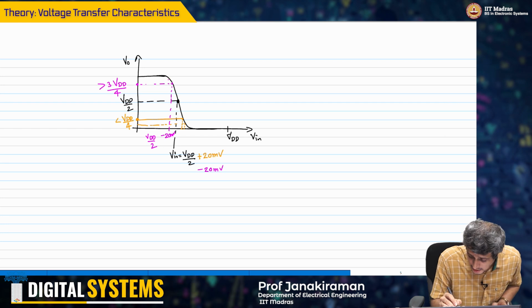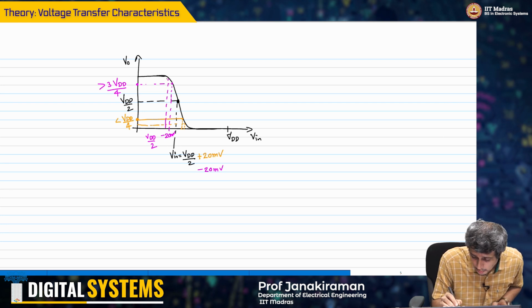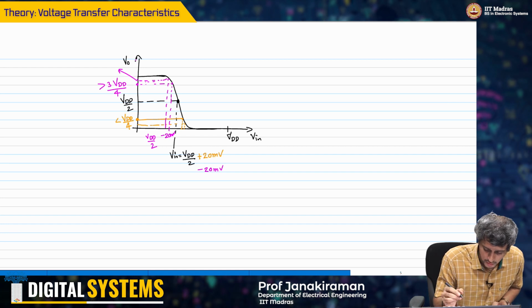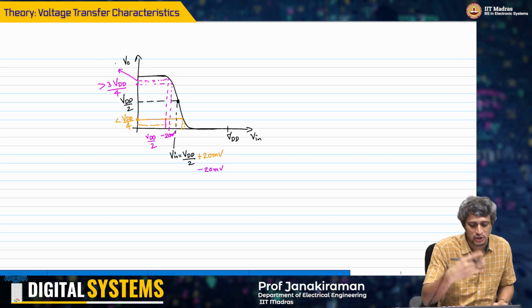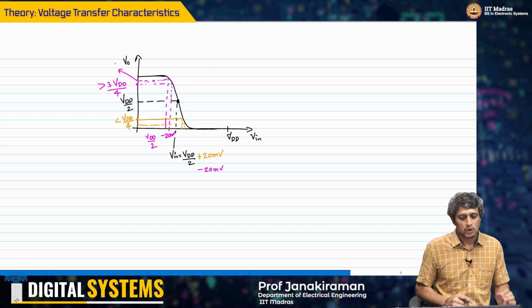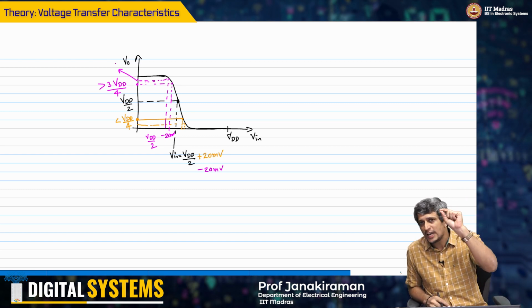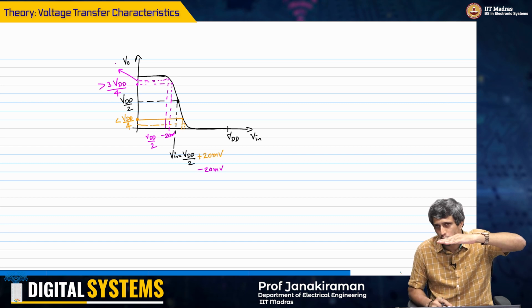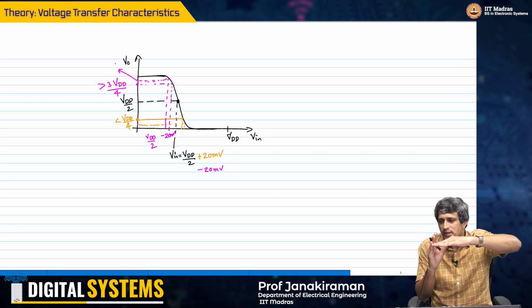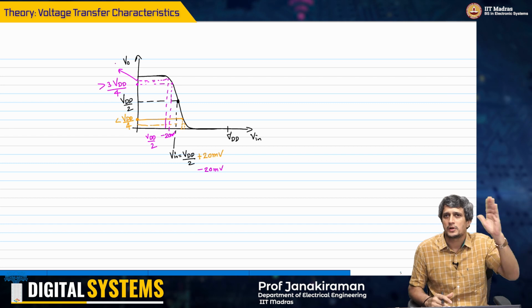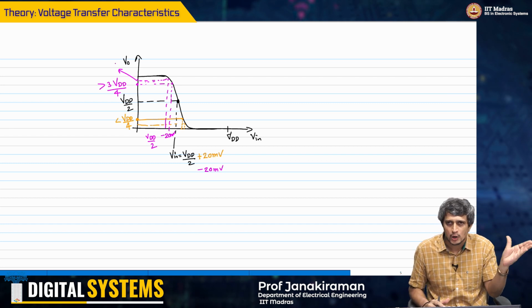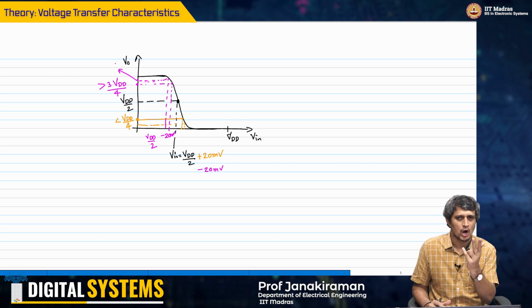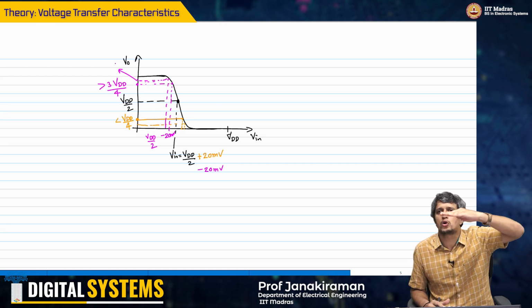If I give minus 30 millivolt, it would be here. It would be much closer to VDD. So what you are seeing is, if the input Vin is somewhere at VDD by 2, positive noise could take the output Vout closer to logic 0, negative noise could take the output closer to logic 1.